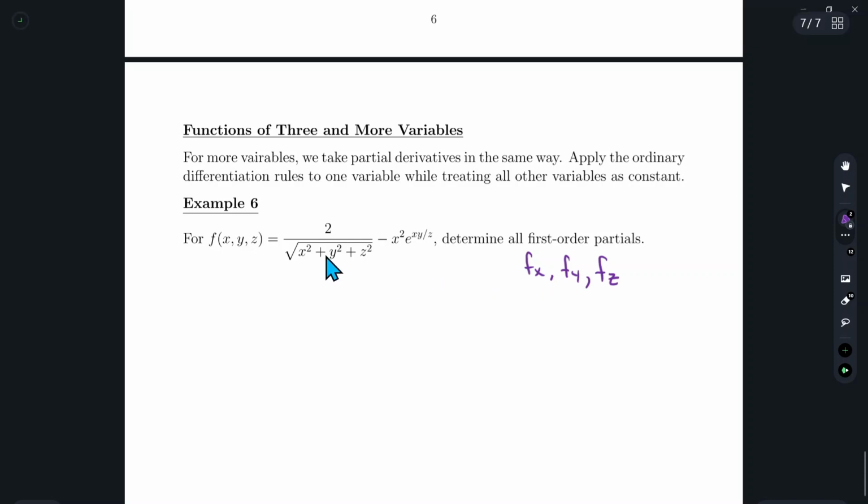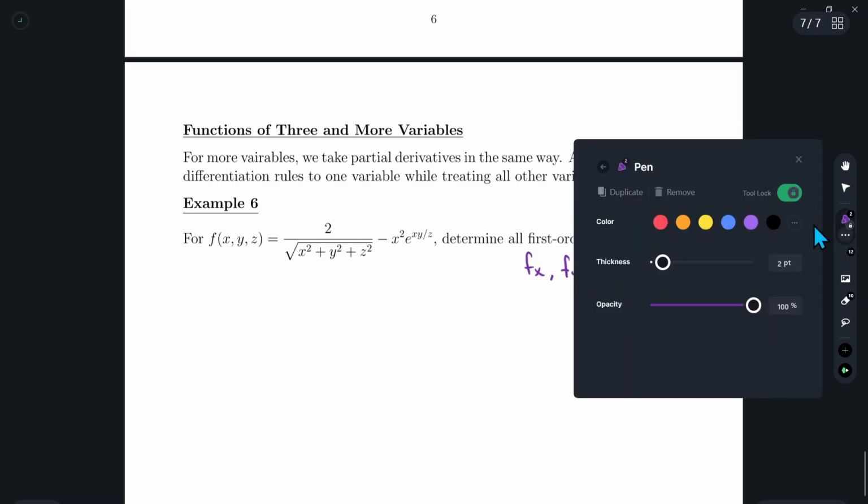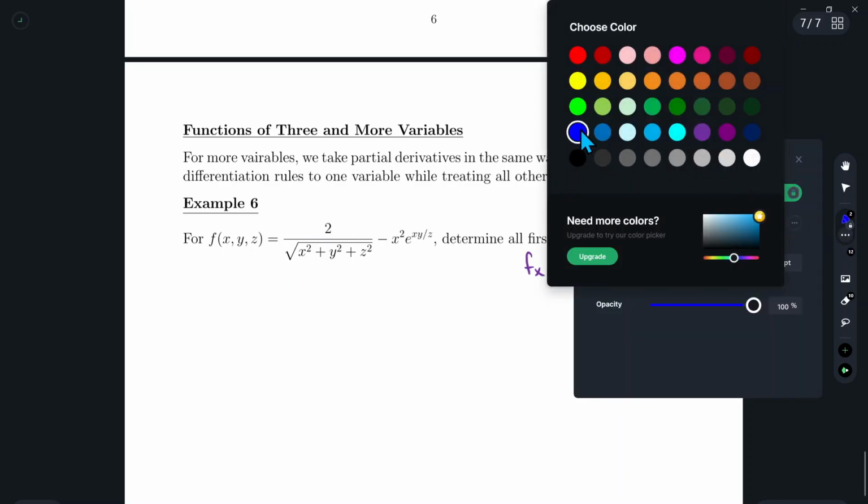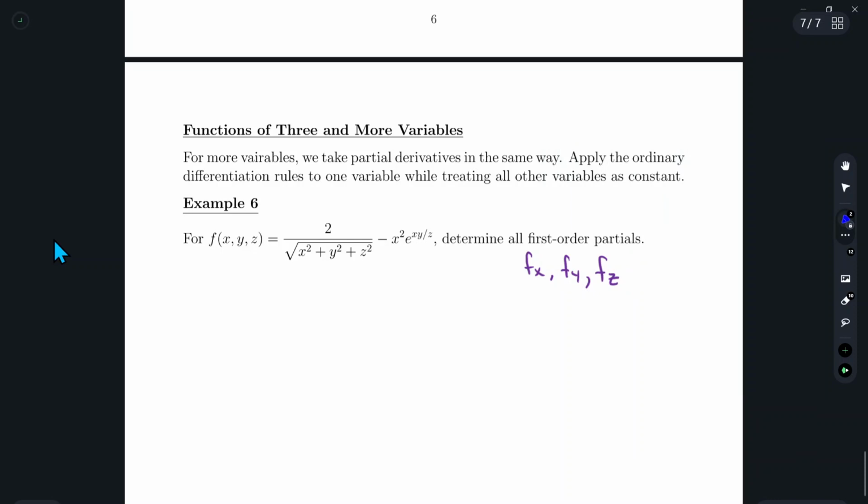Okay, but before we get to that, let's rewrite this function in the following way. The square root in the denominator I think of as being to the minus 1/2 power.